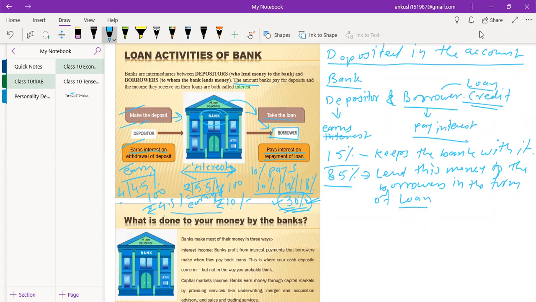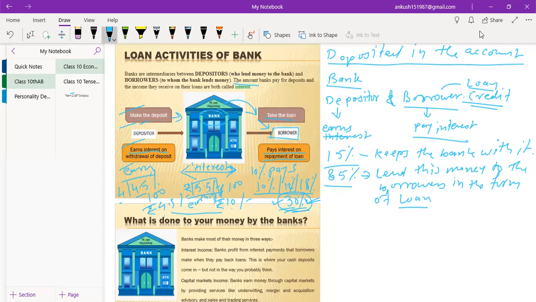Understood? And from this difference only, it gives salaries to its employees and makes some deposits elsewhere. It can also put its money into the stock market, listed on the NSE or BSE, that is the National Stock Exchange and the Bombay Stock Exchange, on Dalal Street.